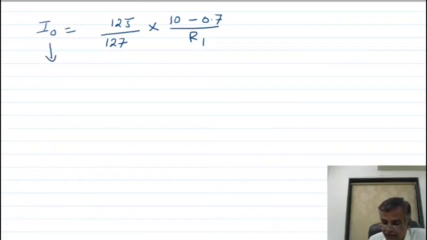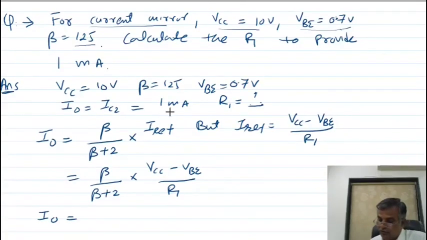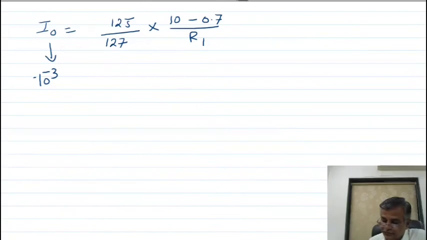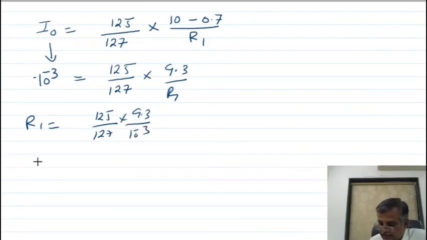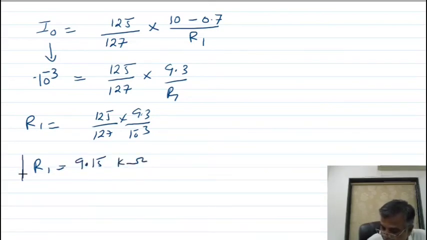Now you want IO to be 1 milliampere, so 1 milliampere equals 125 upon 127 multiplied by 9.3 upon R1. So R1 is nothing but 125 upon 127 into 9.3 upon 10 raised to minus 3. You will get R1 nearly about 9.15 kilo ohm.